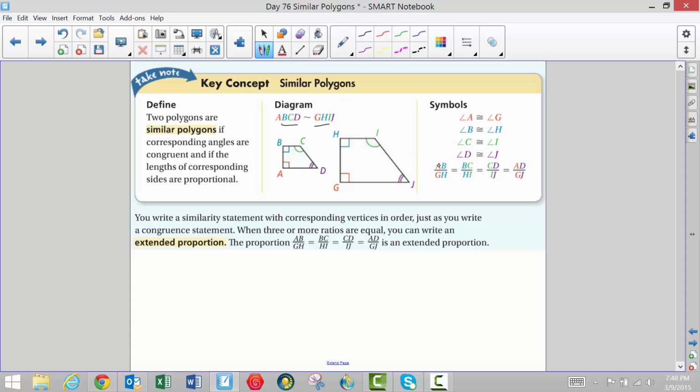So the ratio of AB over GH is the same as the ratios of BC over HI, CD over IJ, AD over GJ. So again, similar polygons: angles are corresponding congruent, and the ratios between corresponding sides are also equal. So when you have a bunch of ratios set equal to each other, we call that the extended proportion.